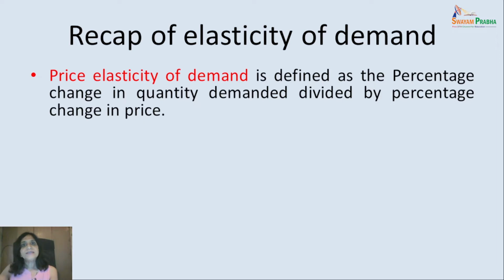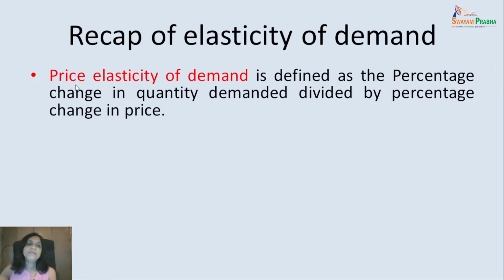We had seen that if there is a change in any of the determinants of demand, and because of that change, we see some change in the quantity demanded of that product, that we measured by elasticity of demand. We had in detail understood the concept of price elasticity of demand.